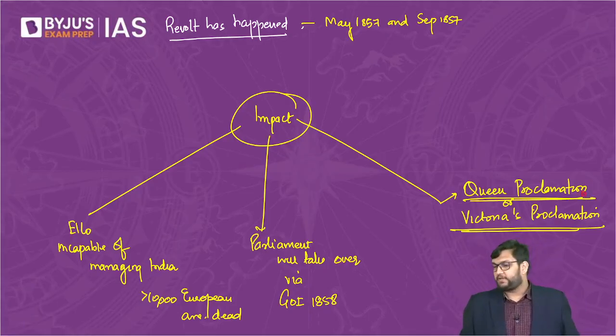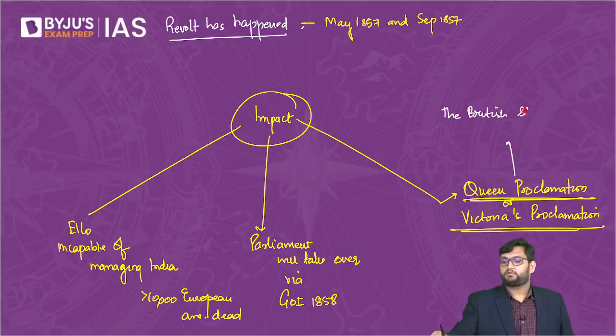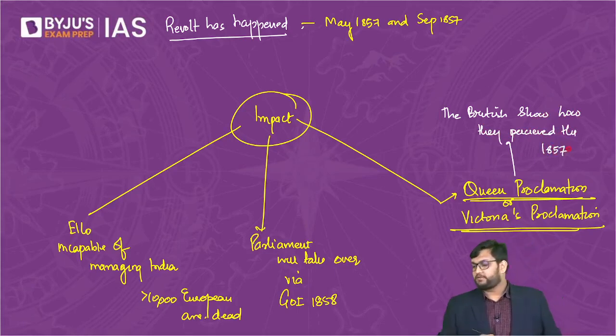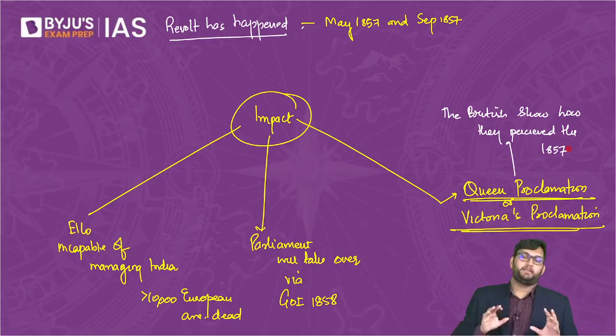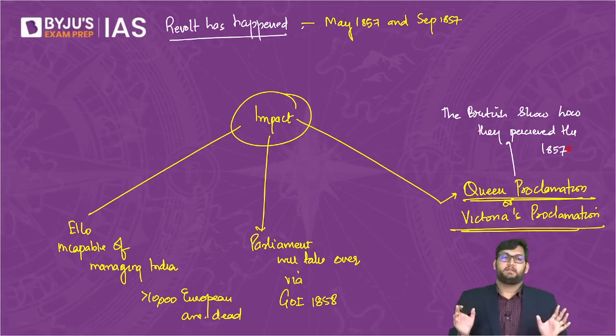Why is it that we considered Queen's Proclamation important? Because in a way, this is the British show how they perceived the 1857. Basically, all of Queen's proclamations are in a way reasons for the revolt of 1857.